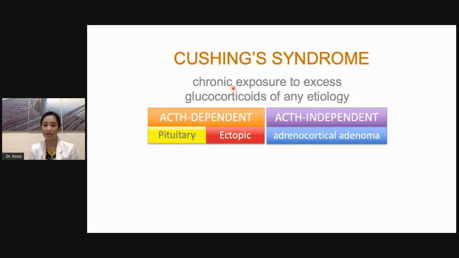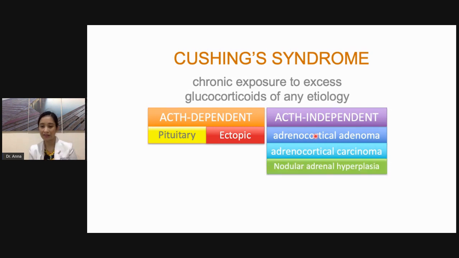Then for your ACTH independent, the problem will mostly be coming from your adrenal gland, usually from an adrenocortical adenoma if it's benign, adrenocortical carcinoma if it's malignant, and you can also have nodular adrenal hyperplasia. So there's no specific tumor within the adrenal gland causing the excess glucocorticoid synthesis and secretion.